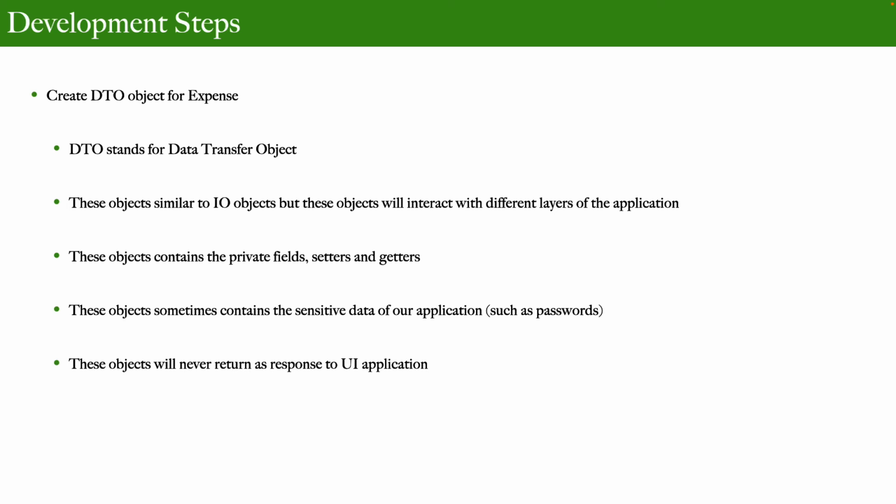Unlike the request and response objects, this will not be sent back to the UI application. This purely interacts with the service layer, presentation layer, and the database layer. But these objects will never be sent back to the React application or any UI application.